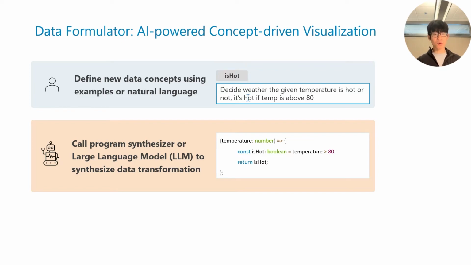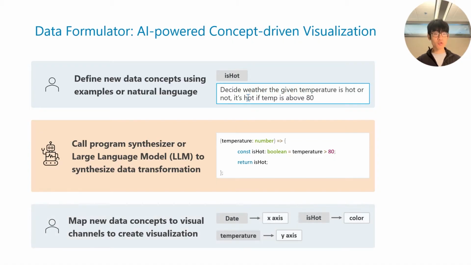And this program is later used to transform the input data to obtain tidy data for the visualization purpose. And with the new transformed data, the user is able to create visualization by mapping new data concepts into visualization channels. This is the same as people's experience in existing tools.